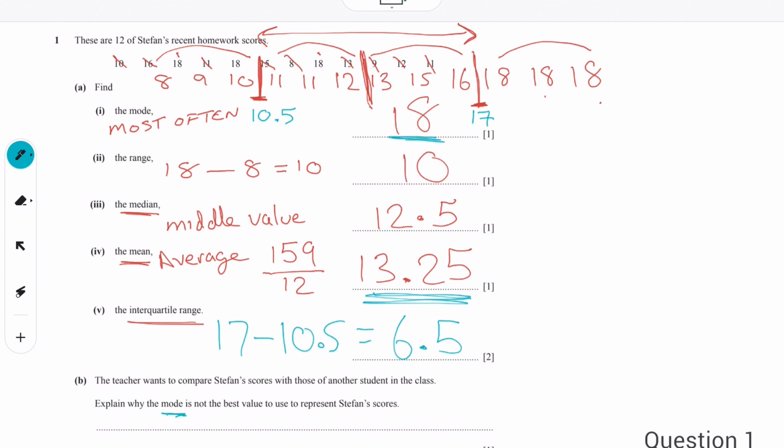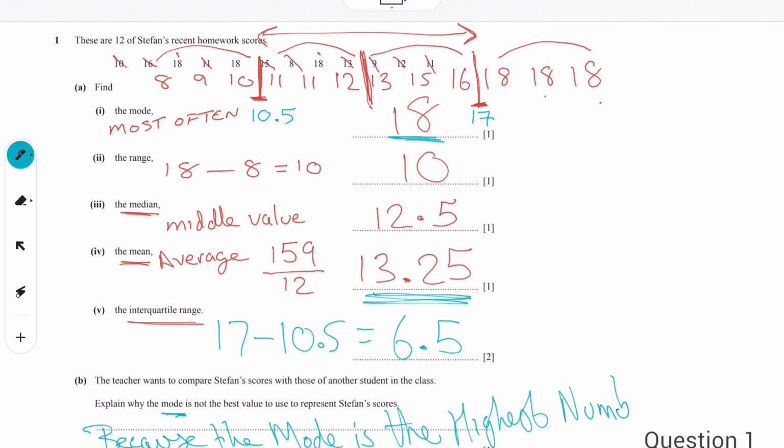So if we're comparing Stefan's score with the mode, we wouldn't use it because the mode is the highest number, basically 18. So it looks like Stefan hasn't done very, very well. Okay, so that's the first question.